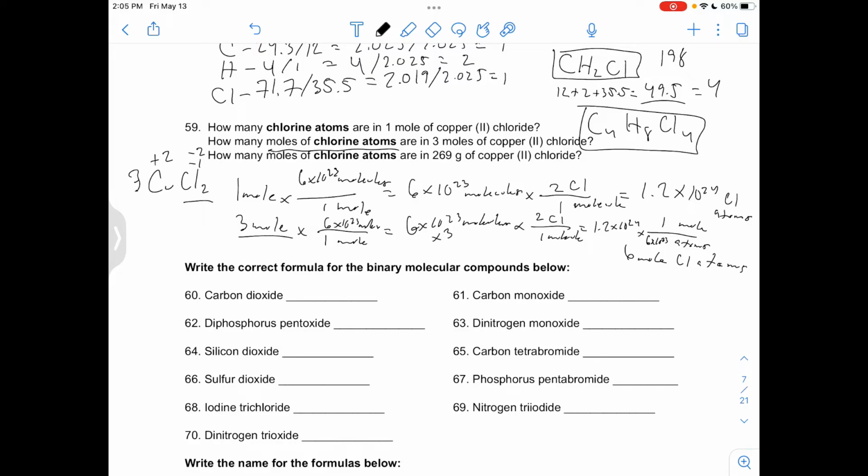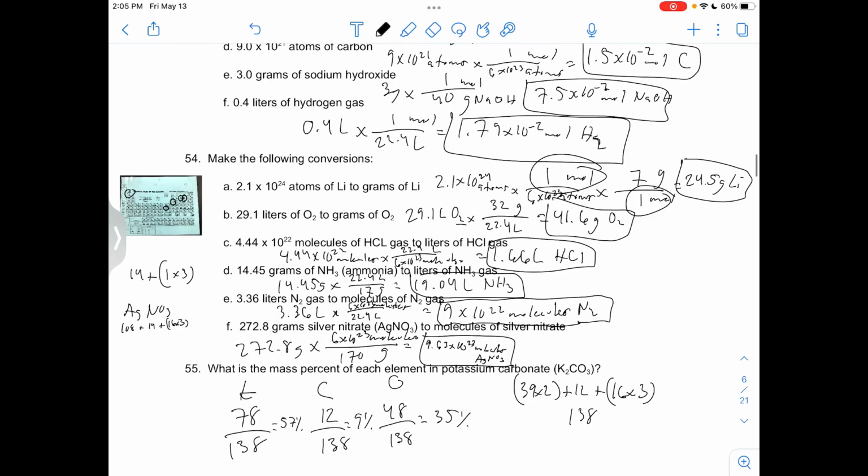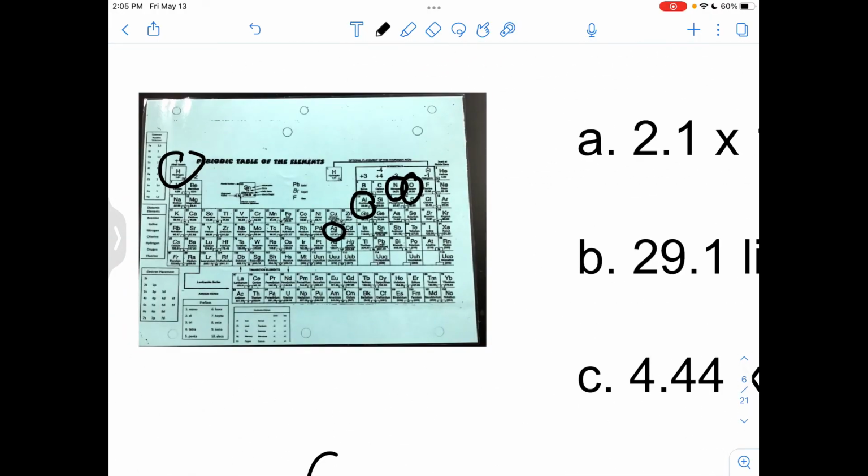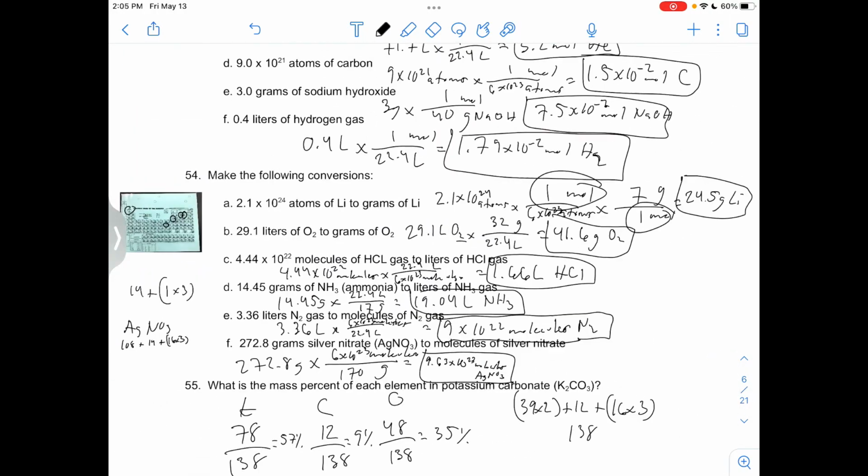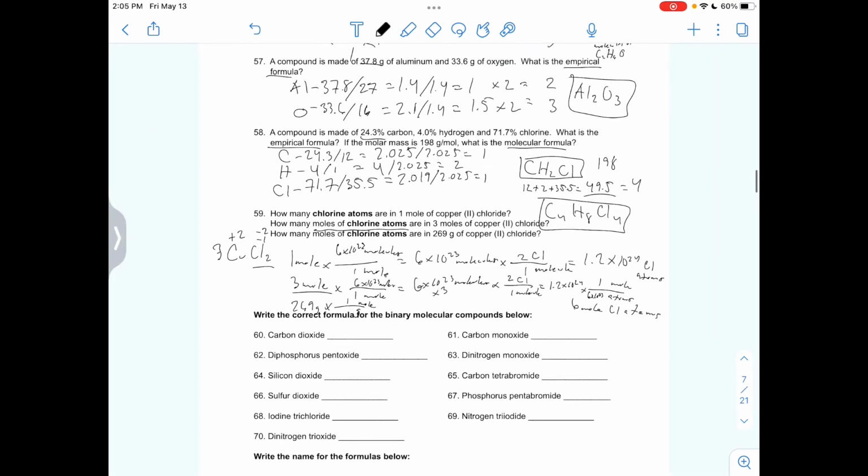Okay, how many moles of chlorine atoms are in 269 grams? So we have 269 grams of copper 2 chloride. I'm going to get it into moles. So in 1 mole, the molar mass of copper is 63.5, added to 35.5 times 2.